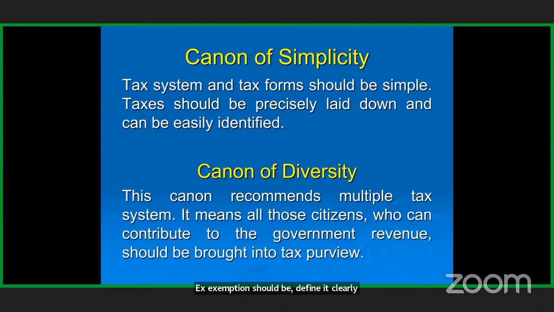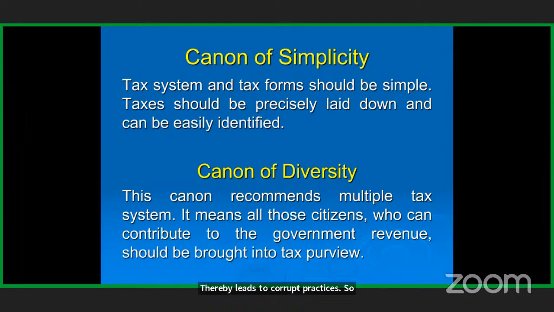If the tax system is too complicated or cannot be easily understood, the taxpayers will have to seek the assistance of tax officials or tax consultants. If it is complex, it leads to the evasion of taxes, creates legal disputes, encourages tax authorities to manipulate, thereby leading to corrupt practices.